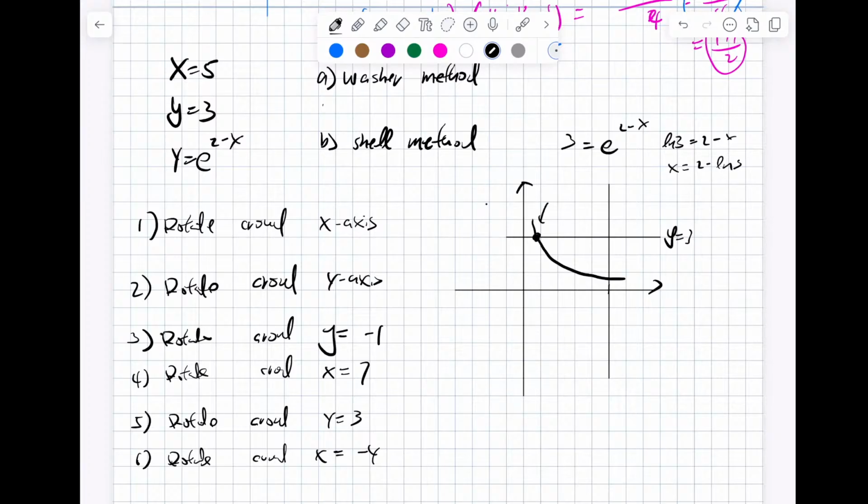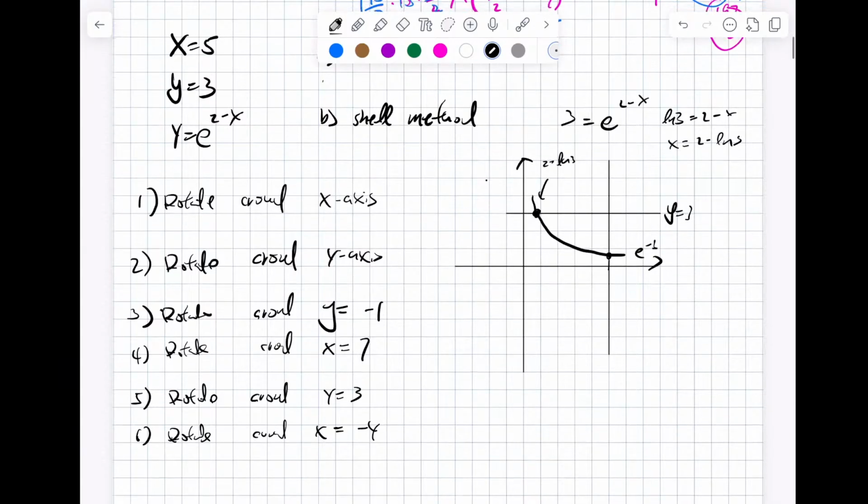So this is going to be 2 minus ln of 3. Is that okay? And this point is going to be e to the negative 3. Are we okay here? And then it's rotating around this axis, y equal to negative 1.